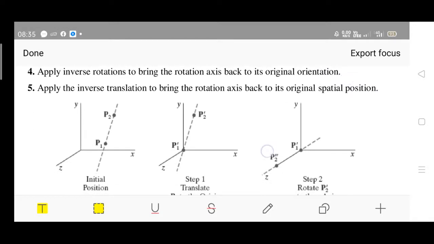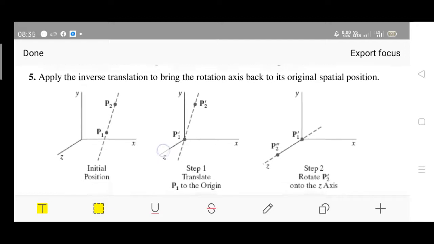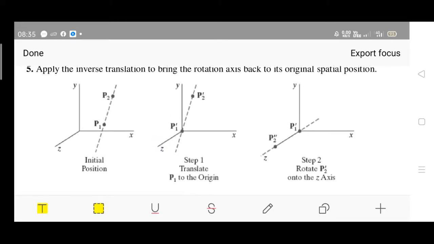So as you can see in the diagram here, the initial position of the points P1, P2, we have considered the line segment as well. Okay, initial position, check the straight line, it is not parallel to any of the coordinate axes. So what we did, in the first step we have translated this particular line segment onto the origin, as you can see over there.